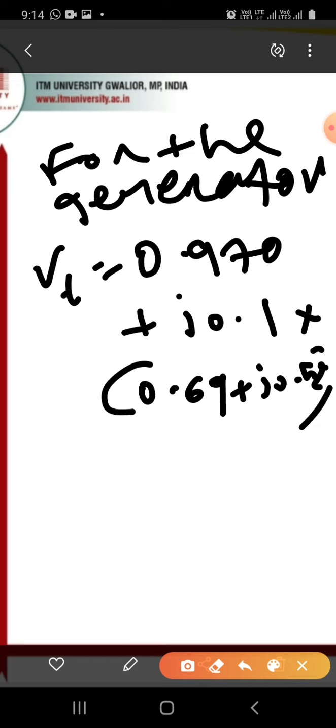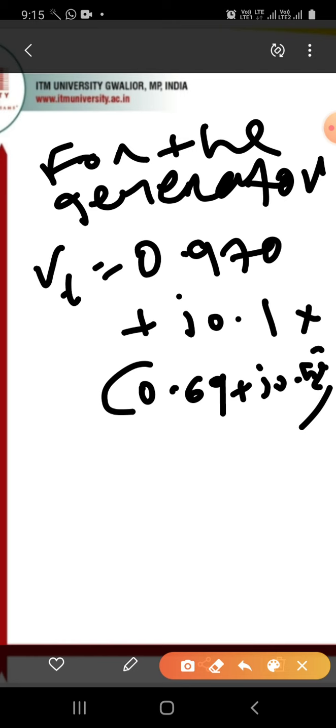So Vt for the generator is 0.970 plus j 0.1 into 0.69 plus j 0.52.